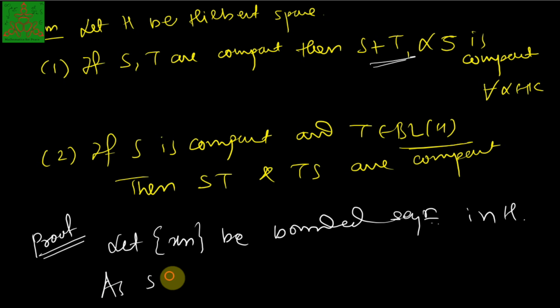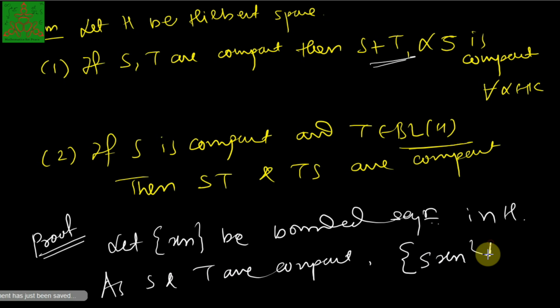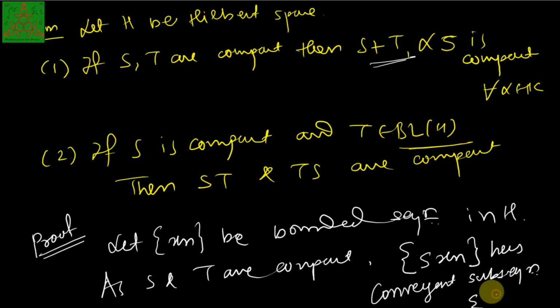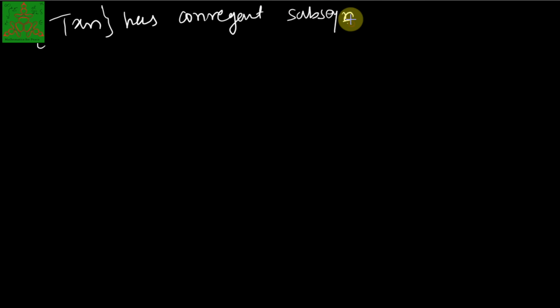So as S and T are compact, S of x_n has a convergent subsequence, say S x_nj, and T is also compact, so therefore T of x_n has a convergent subsequence x_nk.